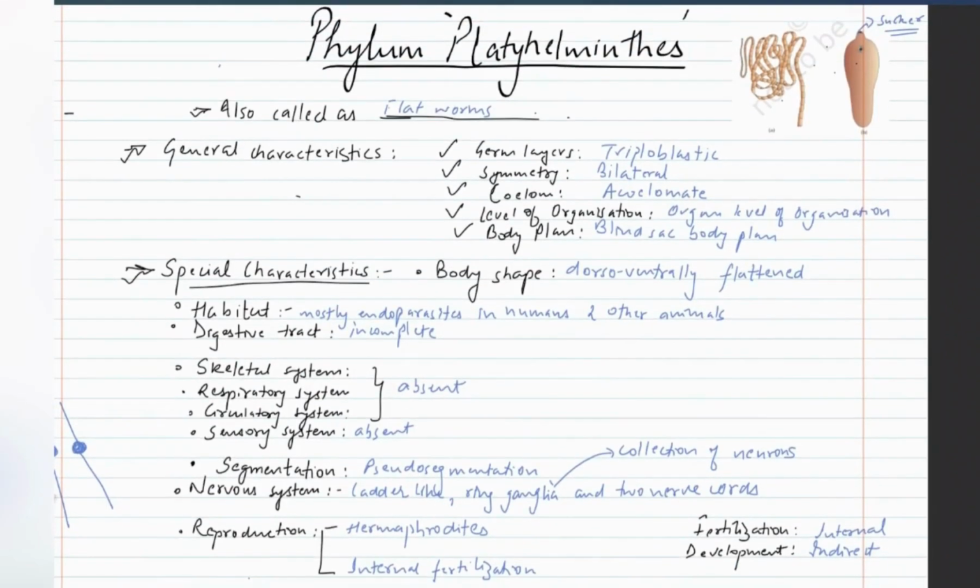Now, in platyhelminths, the segments are known as proglottids. These proglottids can be found in the feces of a human being who is affected with the tapeworm.